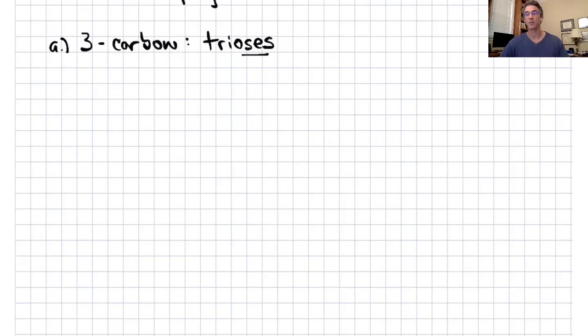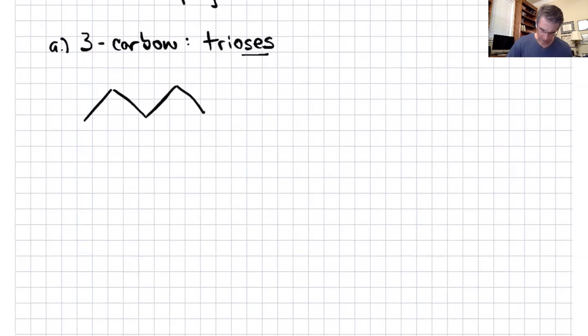So triose means 3 carbon sugar, right? I've shown you one of these before when we were talking about some aspects of basic protein structure. And that was this simple 3 carbon sugar. Again, there's our 3 carbons. There's our carbonyl. This is, of course, glyceraldehyde.